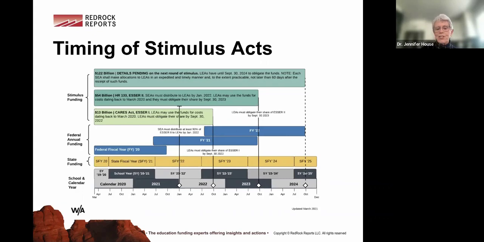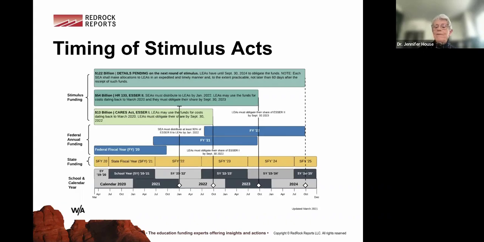So technically the CARES Act ends September 30th, 2022. We know that there's going to be carryover of that after that, but technically it should end. And then the second one, the CRSSA, ends September 30th, 2023.